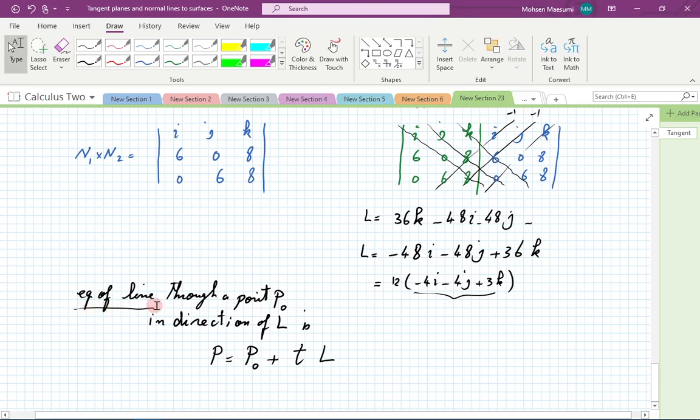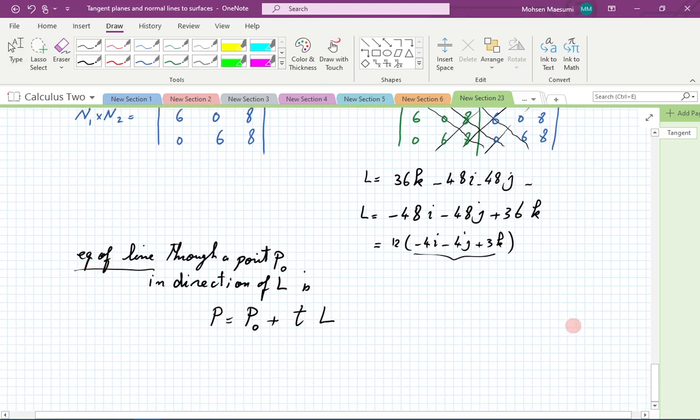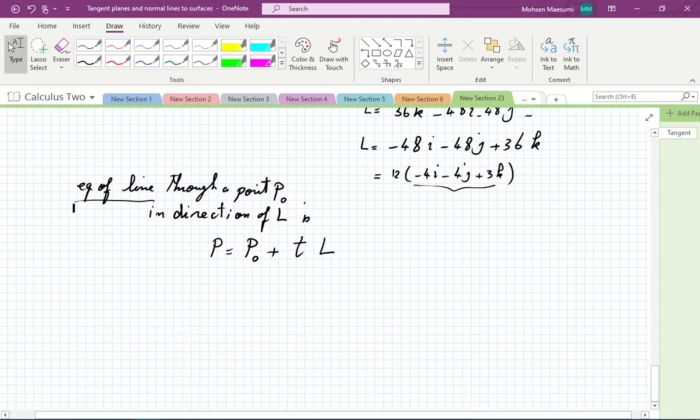This is an advanced style of writing the equation of a line, a bit better than what you see in college algebra. In college algebra, equation of a line, you had y equal to mx plus b and stuff like that. Let me just compare it. You have y is equal to b plus you have x times m. I wrote it like this so that you can compare. This is essentially the same thing.